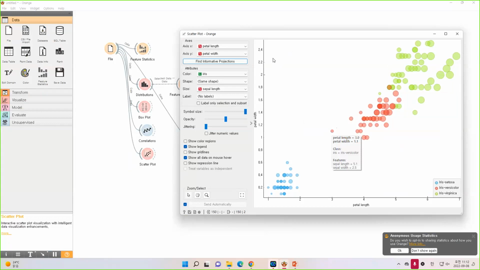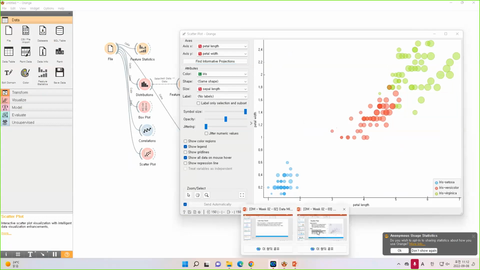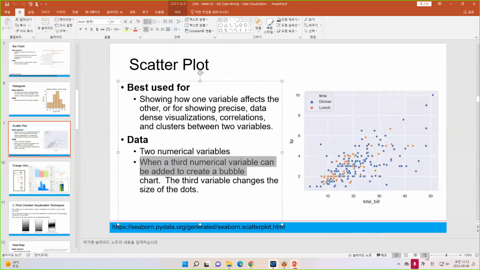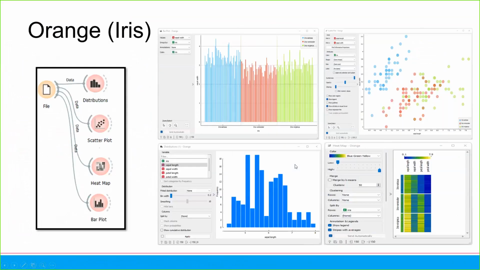So we have three kinds of variables, and we call this the bubble chart. I will explain the heat map after this one.